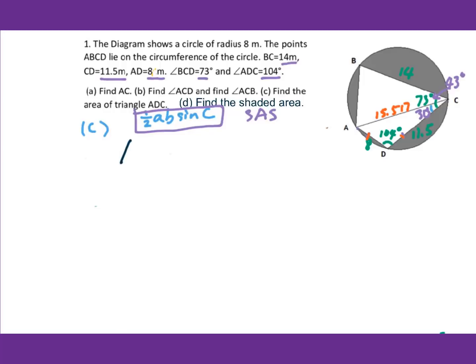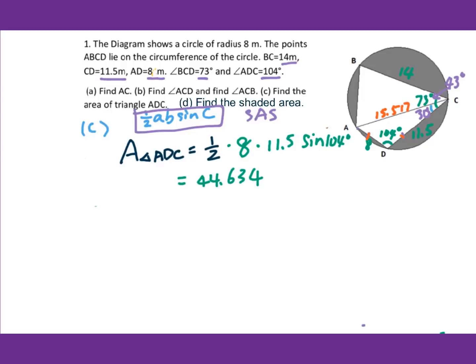Therefore, area for triangle ADC equals 1/2 times 8 times 11.5 times sine 104 degrees. Put into calculator, we get 44.634 meters squared. That's the area for triangle ADC.